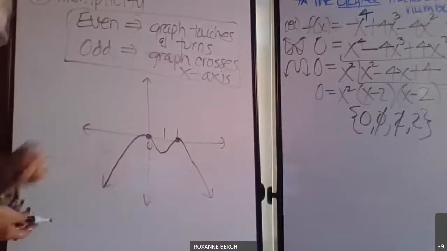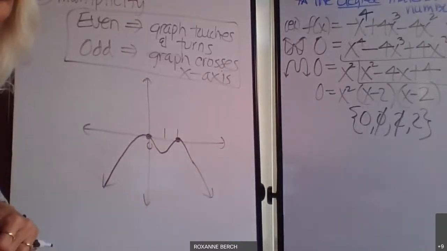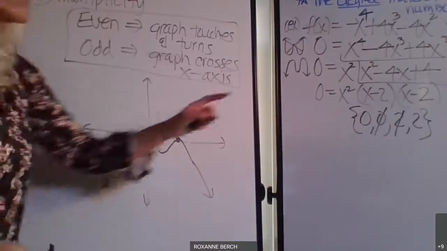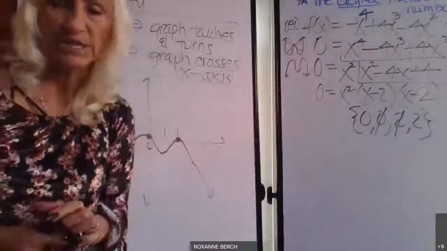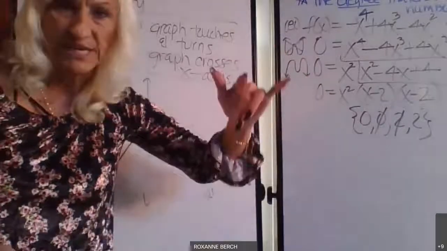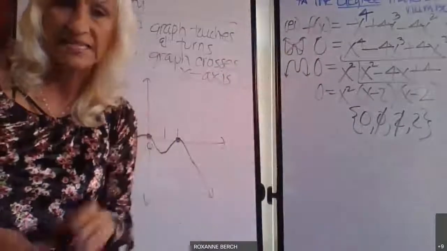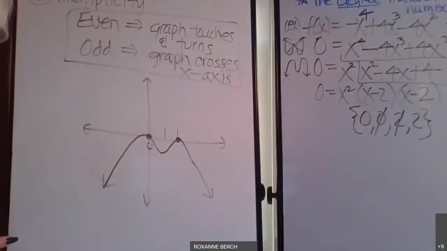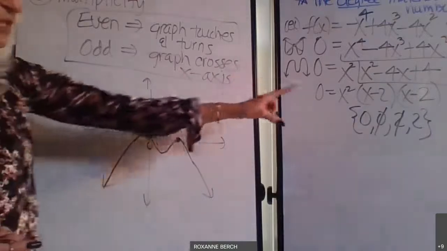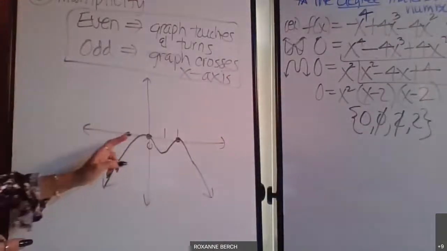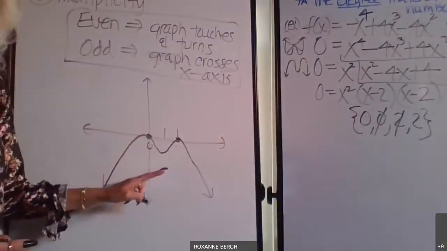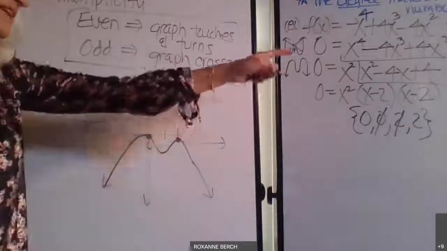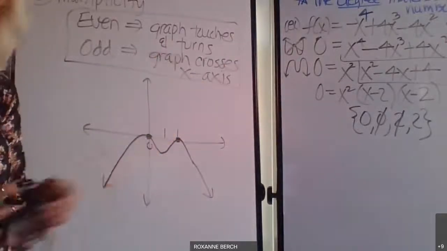There's your M. Now, if you have an odd number of solutions, like let's say it was 0, 0, 0, it would cross the x-axis. We're going to do some more, but I just wanted you to see this multiplicity. So since the multiplicity of 0 is 2, it's going to touch and turn. And since the multiplicity of 2 is 2, it's going to touch and turn.